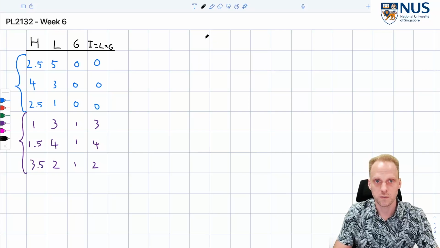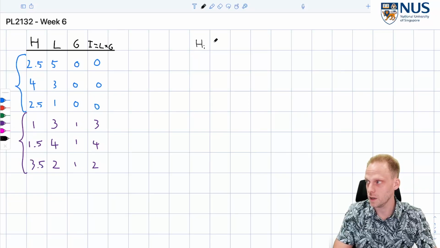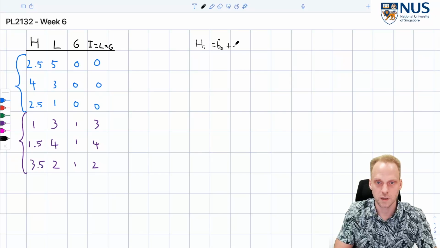Let's start with a very simple model. Let's say the observed value h equals some intercept, plus error.